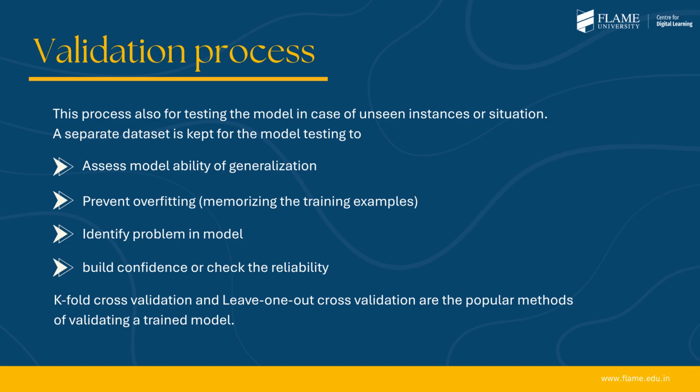And leave-one-out cross validation is, let's say, if you are taking a data set where the first 4 are used for training and the 5th one is for testing, and you repeat this process multiple times, then that process is leave-one-out cross validation.